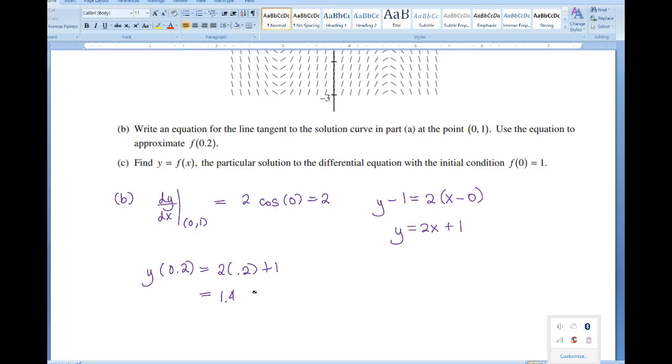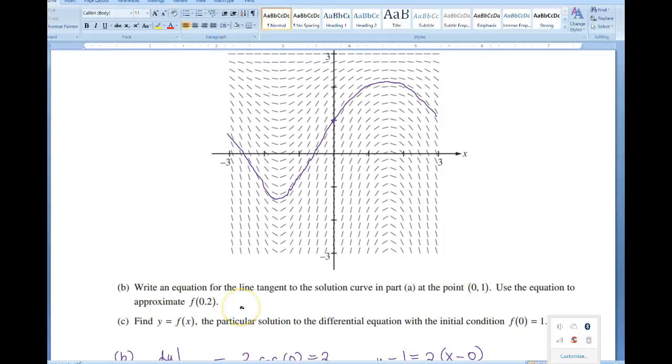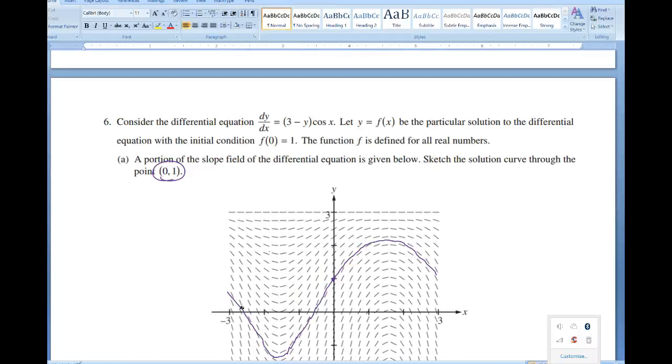At the top where it says y equals f of x, why does it say that? Well, it's just for notation purposes. They wrote y equals 1 when x equals 0.